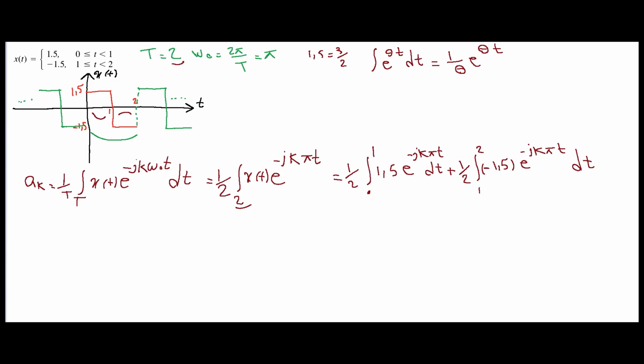We also write 3/2 instead of 1.5. Combining the constant coefficients, 3/2 multiplied by 1/2 becomes 3/4. Taking this constant outside the integrals, we evaluate both exponential terms at their corresponding limits.